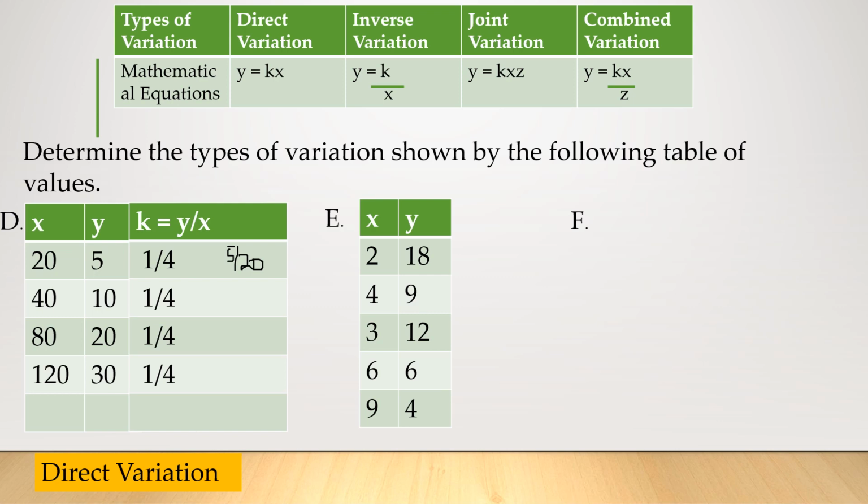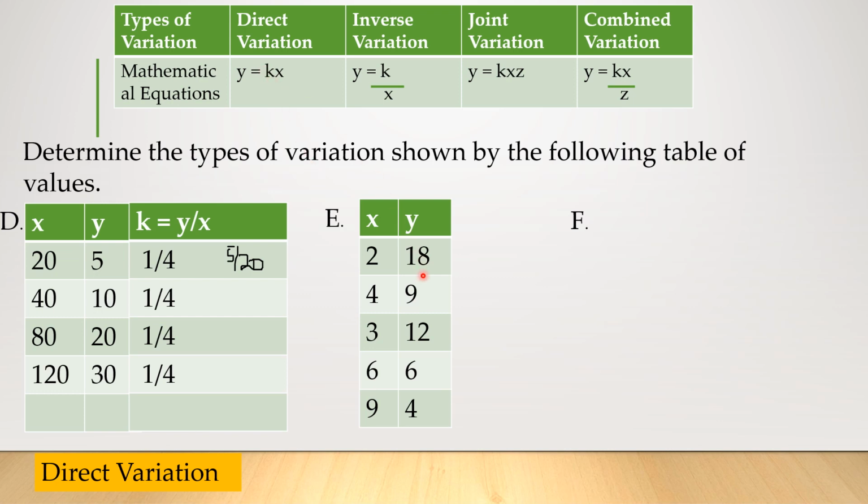Okay? So what is now the constant of variation here? Let's see. 18 times 2. Let's say that you assume that this is inverse variation. 18 times 2, 36. 9 times 4, 36. 12 times 3, 36. 6 times 6, 36. 4 times 9, 36. Now, let's say that you assume that this is direct variation.